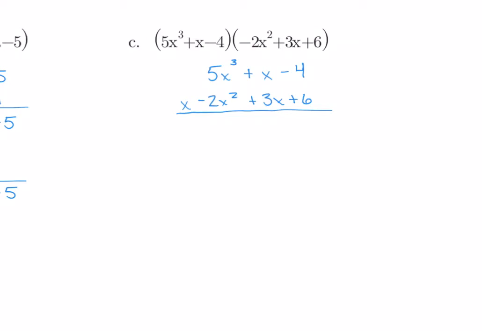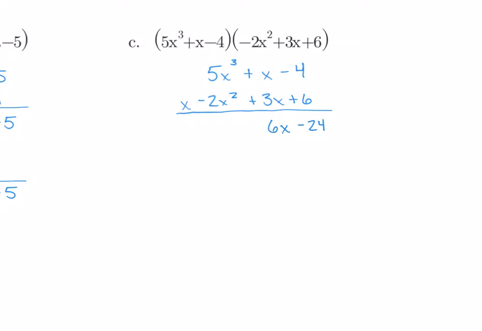So for instance here, if we go ahead and multiply, starting on the right, we get 6 times -4 is -24. It's my constant term. We get 6 times x is 6x. That's my x term.